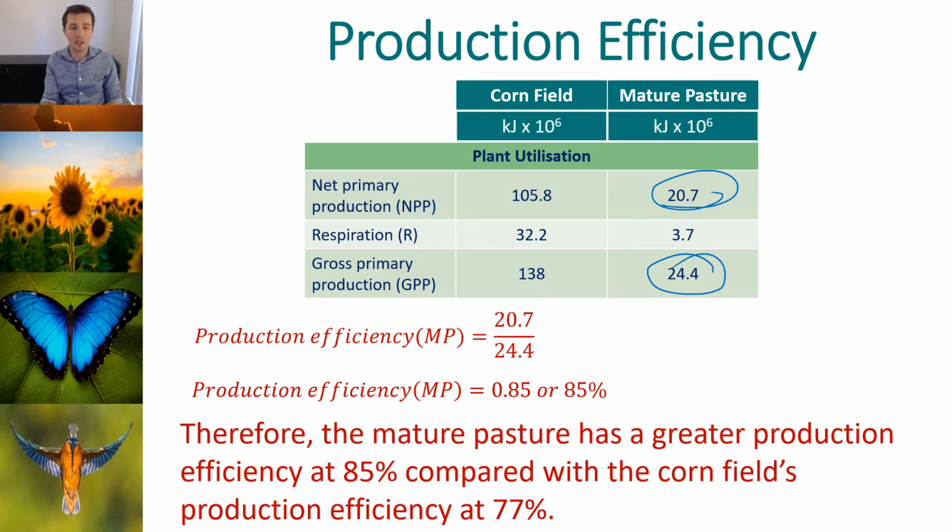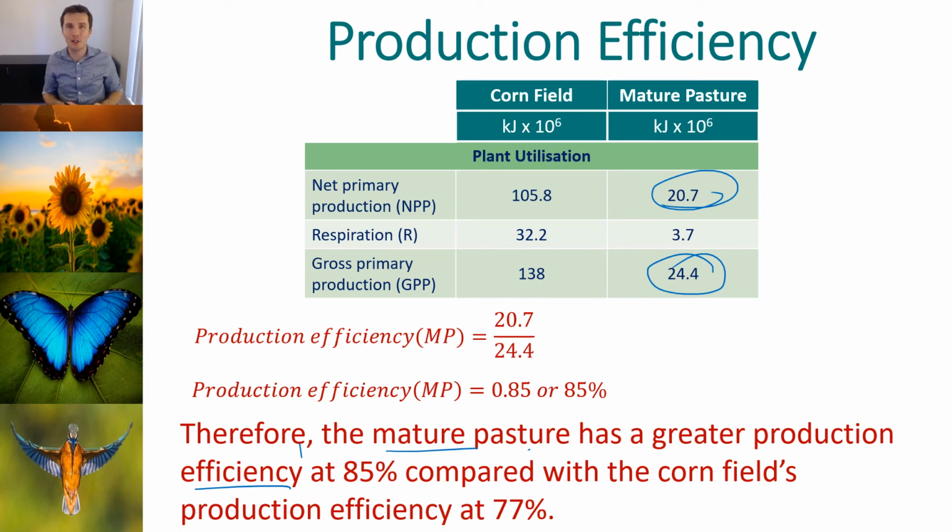So for 2 marks, one, that you've calculated the percentages correct, and the second mark I'm going to give you is that you actually have interpreted the question. So therefore, the mature pasture, you've given me the answer, has the greatest production efficiency. There's your 1 mark, and I'll give you a mark each for your percentages at 85% compared with the cornfield's production efficiency at 77%.